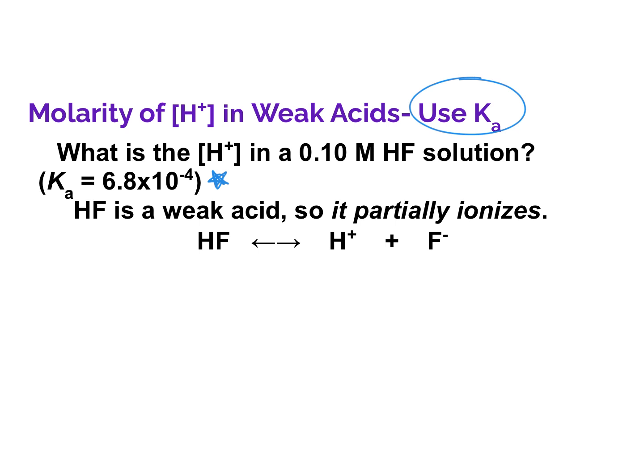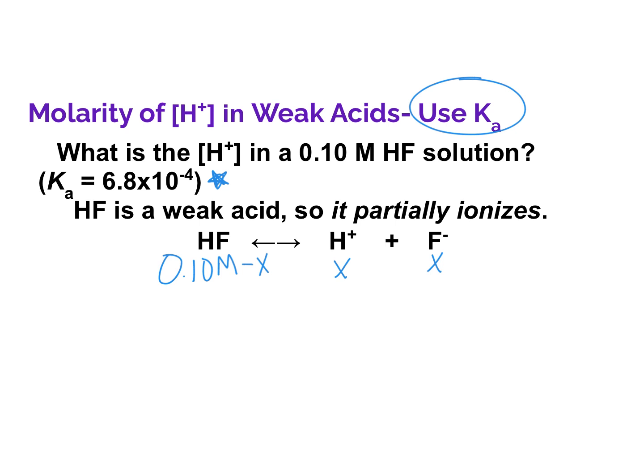So the concentration of HF is 0.10 molar minus X, because some of those ions dissociate. H is going to be X, F is going to be X.